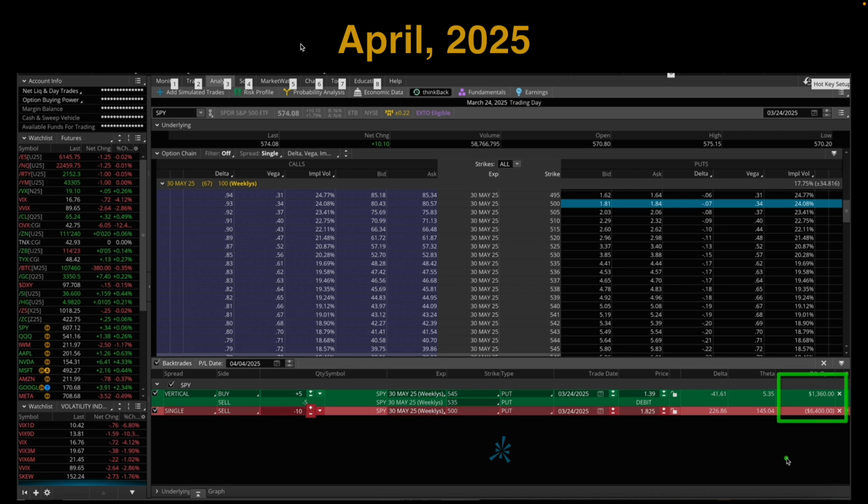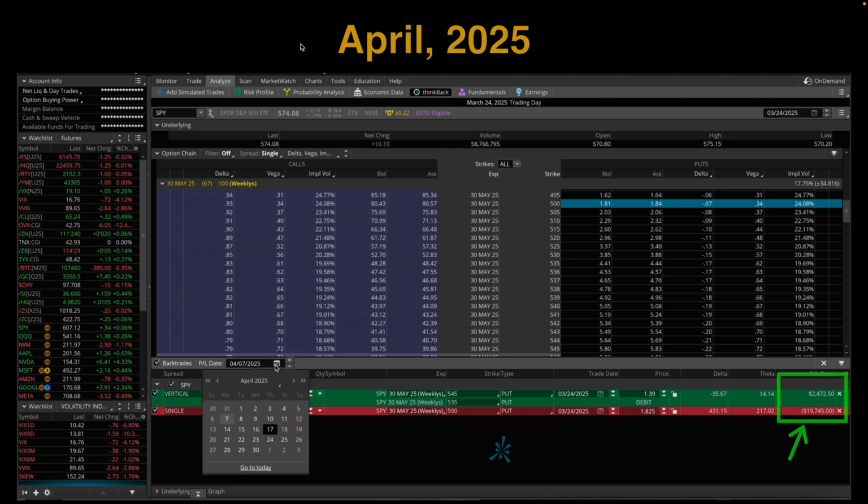And as of Friday, April 4th, we can see the losses starting to accelerate. April 7th here, we can see the losses are growing even more. And they're basically going to max out here on April 9th of 2025.